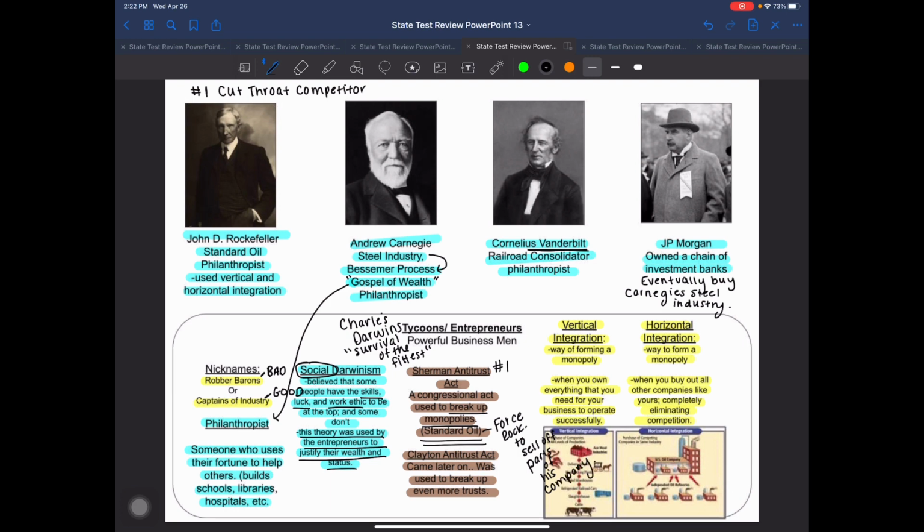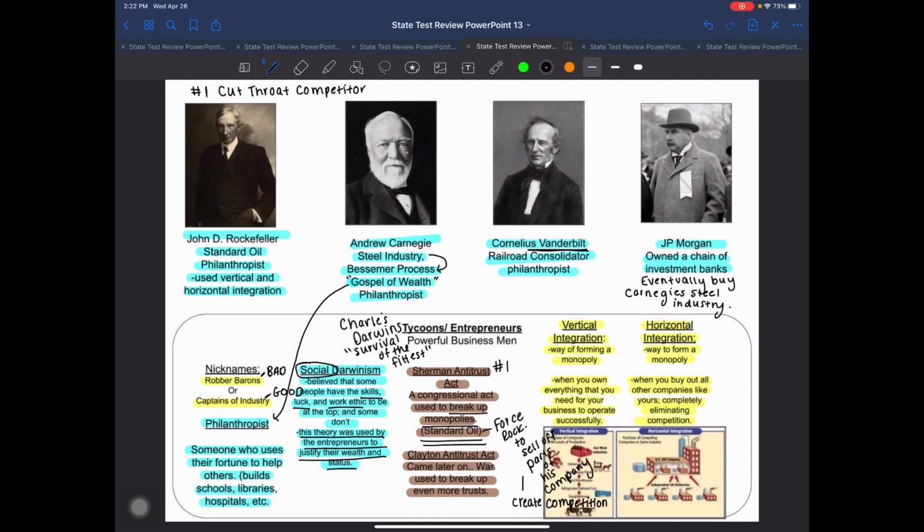When he had to break up his company and sell off parts of it to other people, this is going to create competition. And competition is what keeps our market fair.